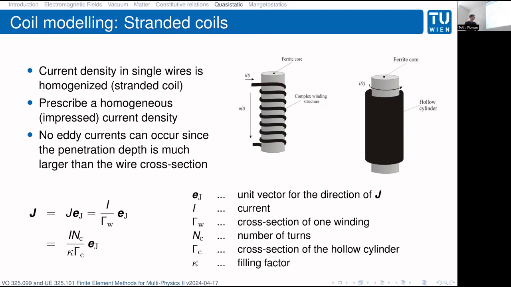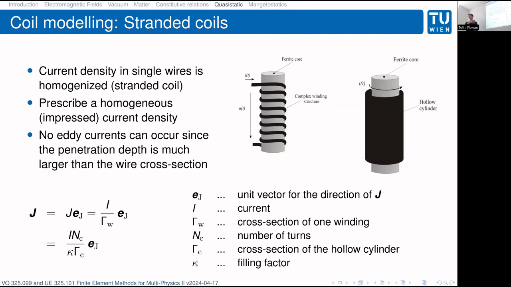To compute such a current density, you can compute it from the current in the wire and the number of wires. You have to multiply them to get the total current, and then divide by the total area to get the current density. Typically you use some kind of filling factor.